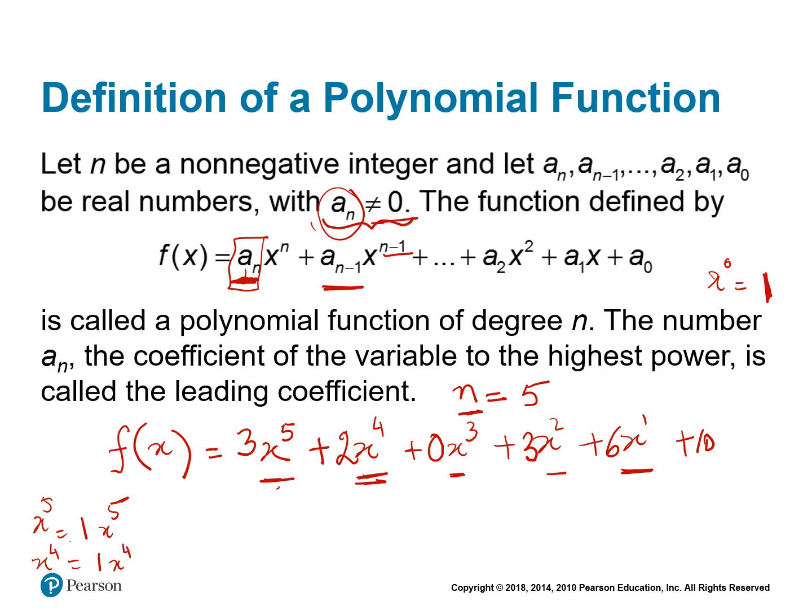So just remember, because we are going to use the terms, coefficient of the leading term. Leading term means the first term in an ordered polynomial, or we sometimes also just say leading coefficient. That means the coefficient of the first term.